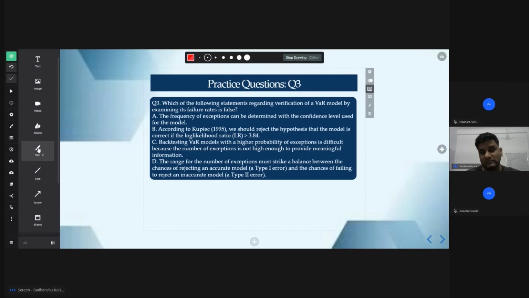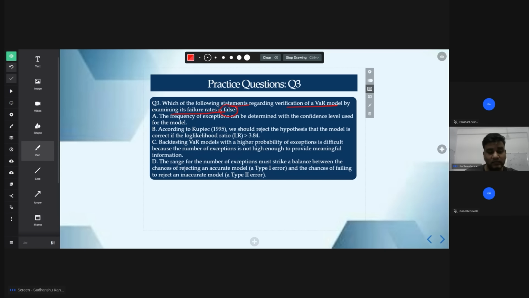Which of the following statements regarding verification of a VaR model by examining its failure rate is false? Which statement is false, guys? See, the whole idea here is that we are seeing four statements. Let's see the statements one by one. The first statement is the frequency of exceptions can be determined with the confidence level used for the model.